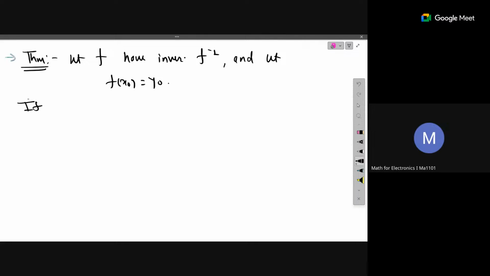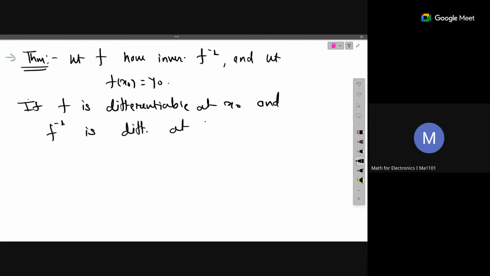Now here, if we assume f is differentiable at x naught and f inverse is differentiable at y naught, then we can find out the derivative of f inverse using the derivative of f.